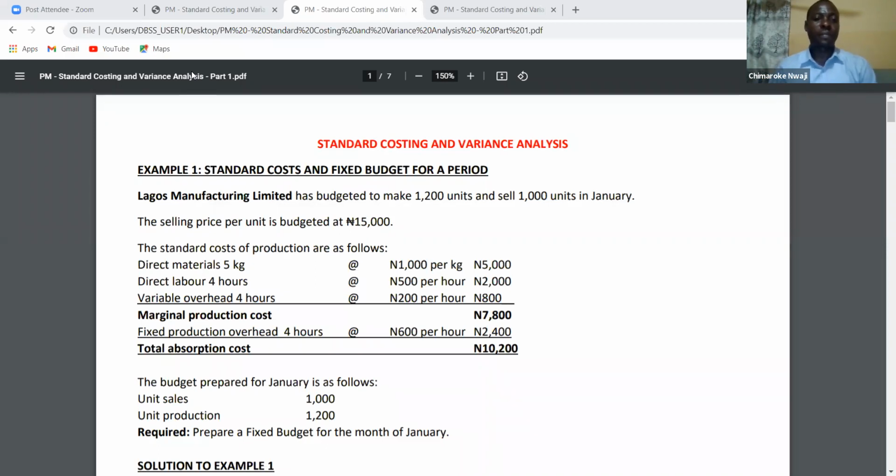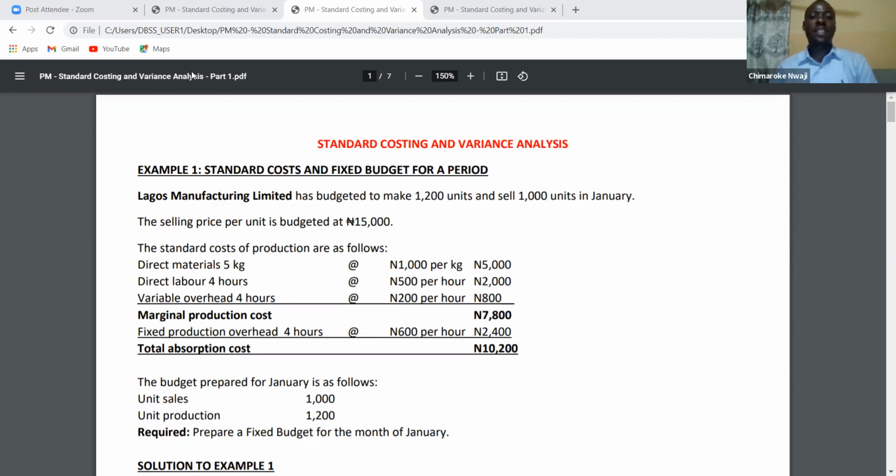product. Budget is the application of standards to more than one quantity. So when we say standards is for one unit, budget is for more than one unit.